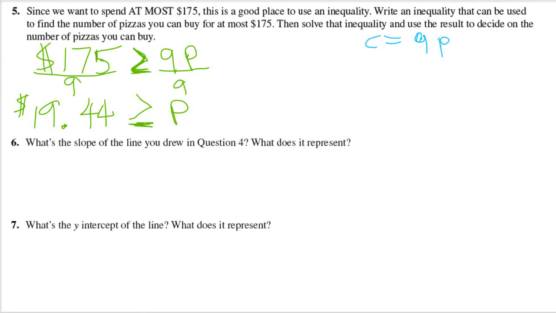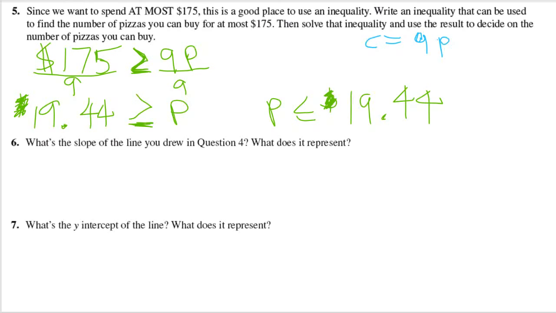So I'm going to say p has to be less than or equal to, that's not dollars, it's the number of pizzas. So 19.44 has to be greater than or equal to p, the number of pizzas, or p, the number of pizzas, has to be less than or equal to 19.44. And that's what we chose to do when we solved the equation originally.